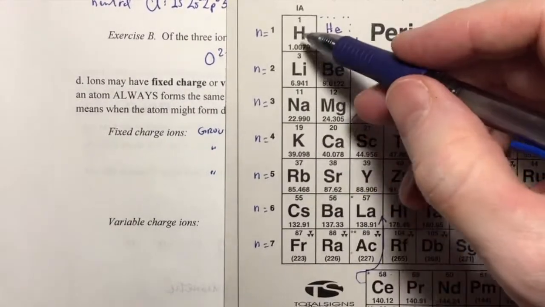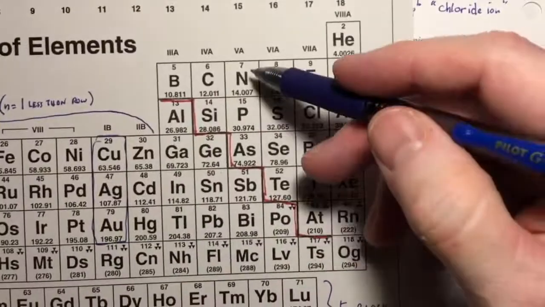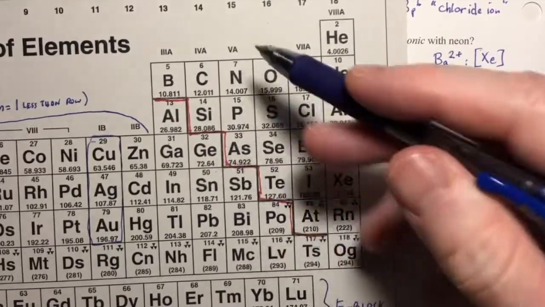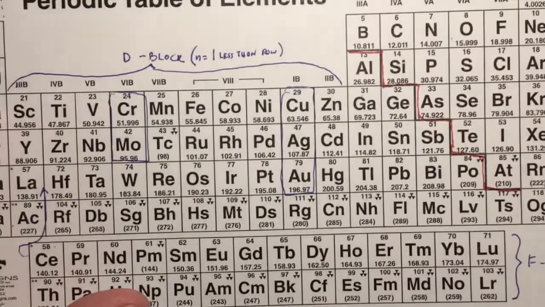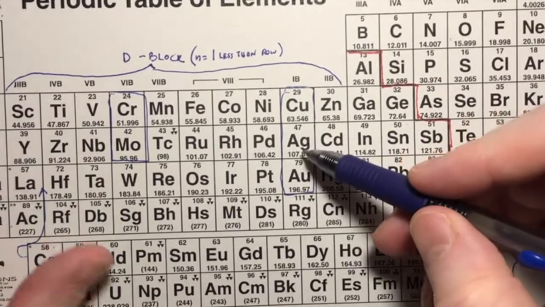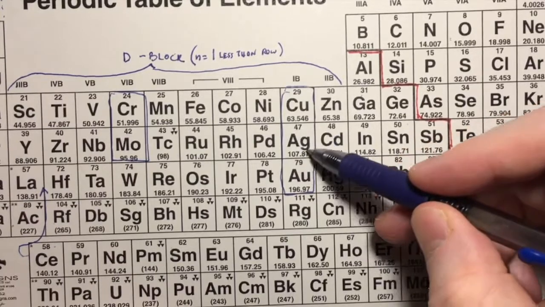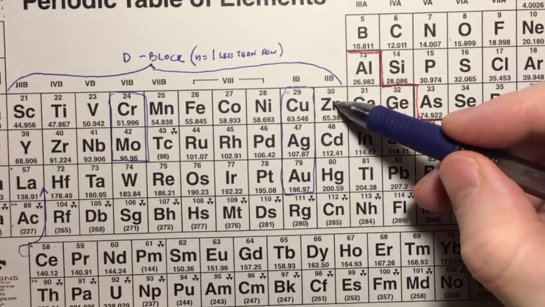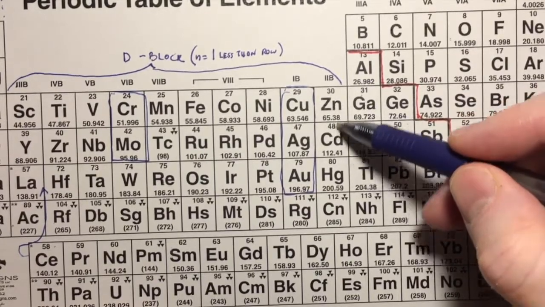Group 1, except for hydrogen, group 2, group 15, 16, and 17 above the stairs. And there are 4 more that are predictable. Silver always forms a +1. Zinc and cadmium always form 2+ cations.